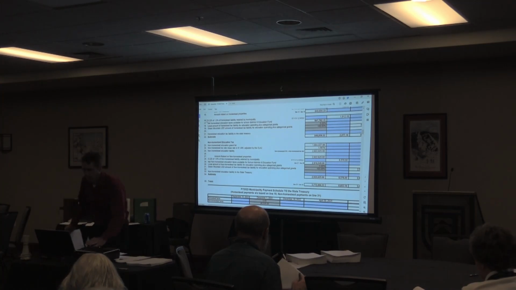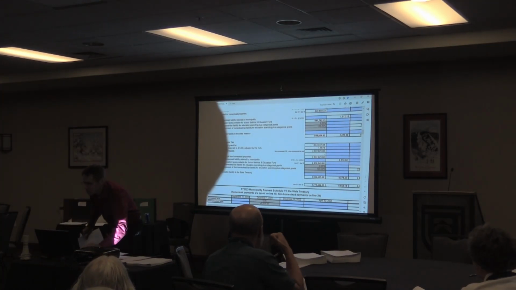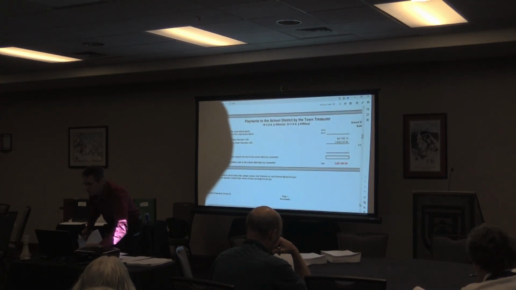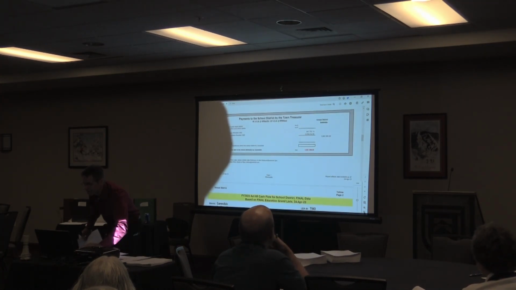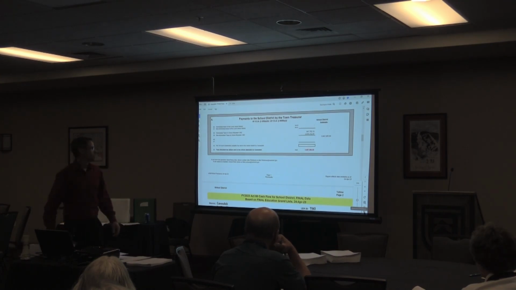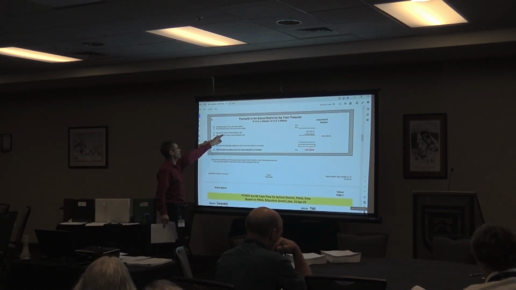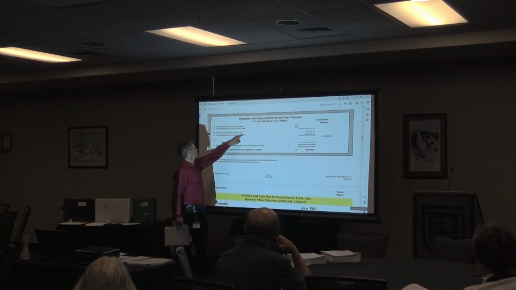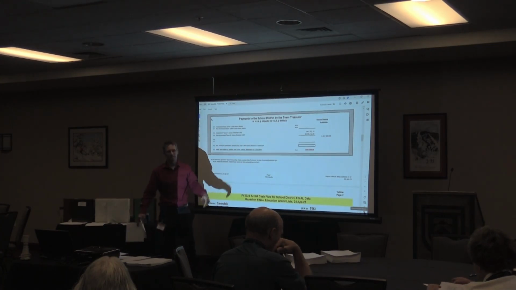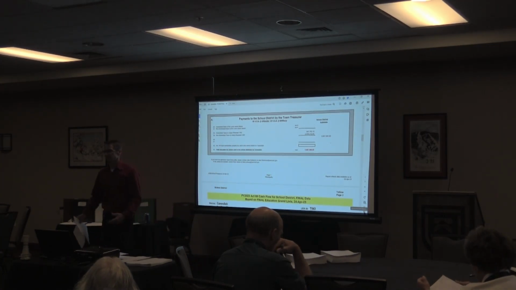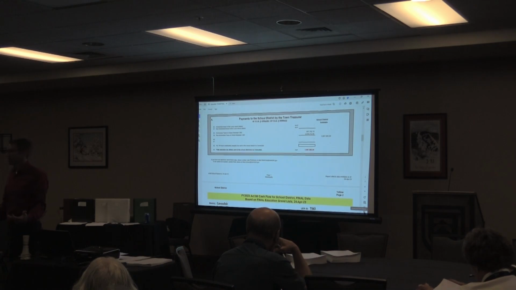And then down at the bottom is the summary. Homestead taxes to Green Mountain Union High School, non-homestead taxes to Green Mountain High School. $3,687,000, and so on. That's it.